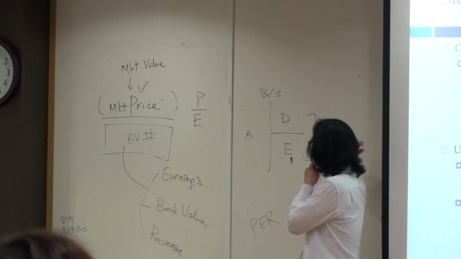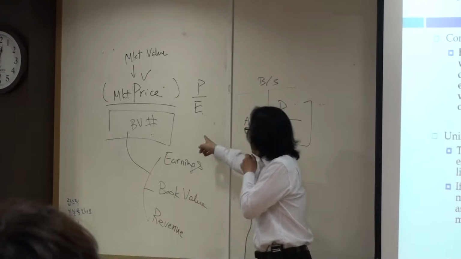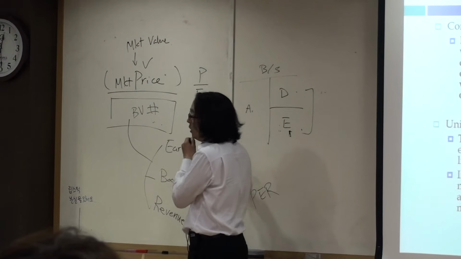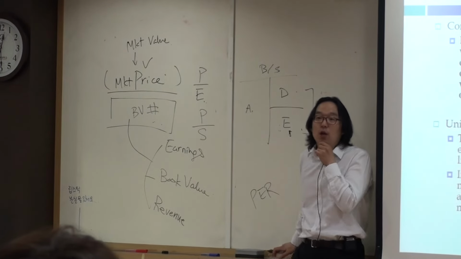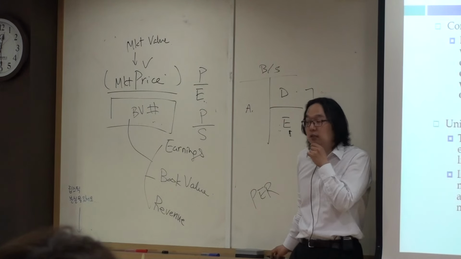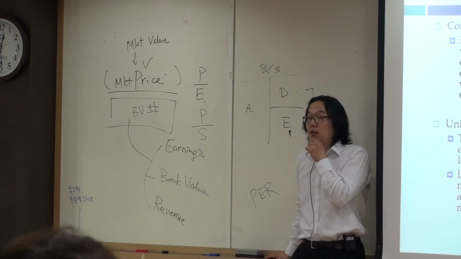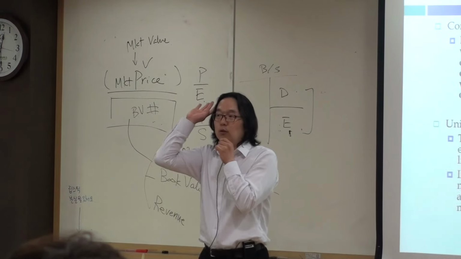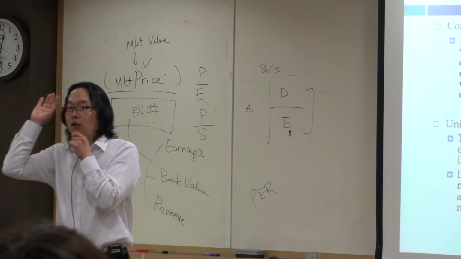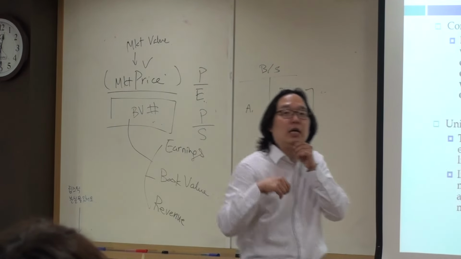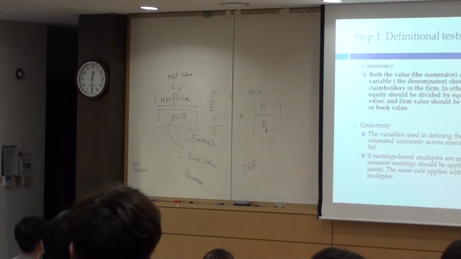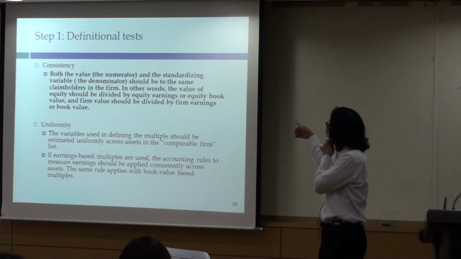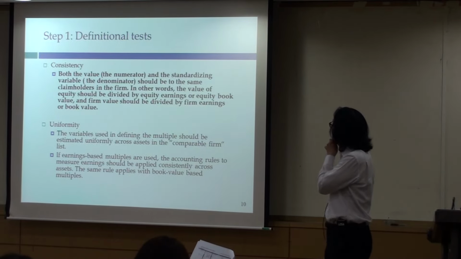And then, how about price to sales ratio? Is it consistently defined or inconsistently defined? Tell me, somebody.